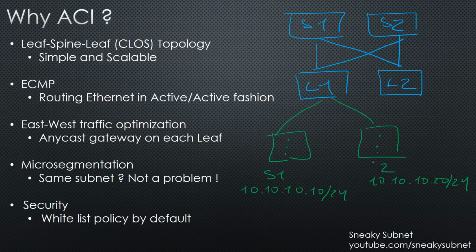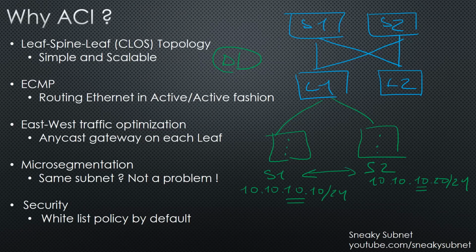What if you have server 1 and server 2 on the same subnet, and you want to implement any networking policy between them, for example, ACL? In traditional networking, of course, it is possible. You can put a firewall in transparent mode between them.